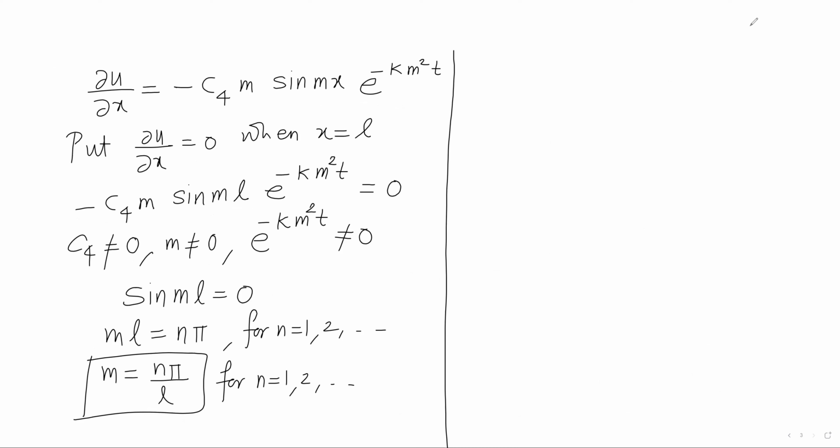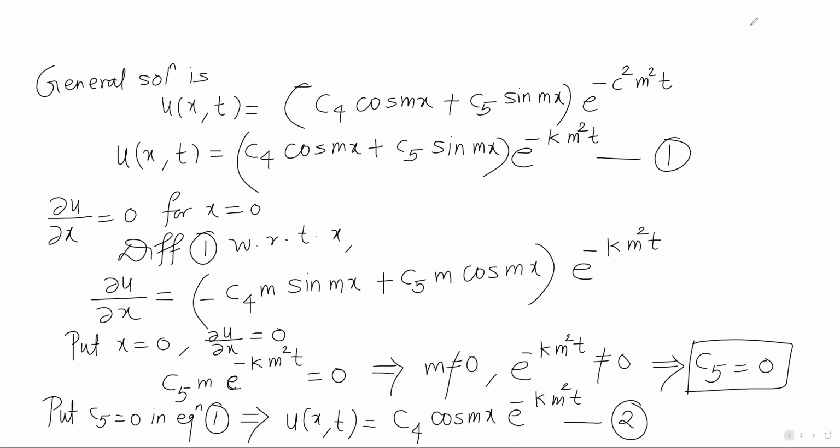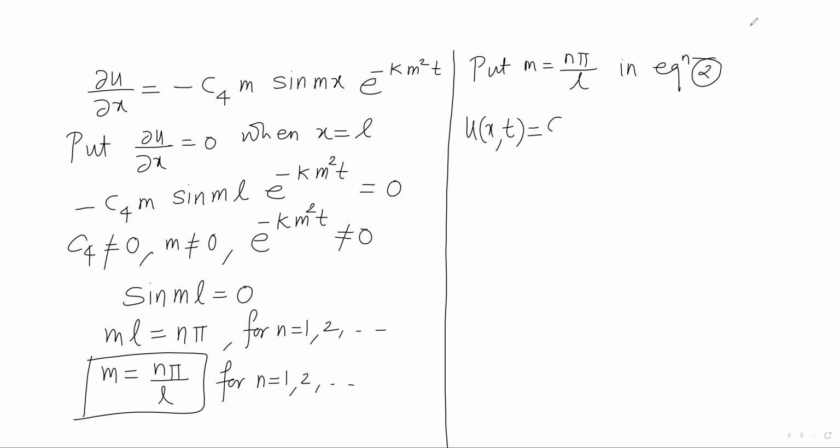So put m equal to n pi by L in equation 2. What we get for u of x, t is that the solution is modified: C4 cos n pi x by L. In place of m, we are putting n pi by L.